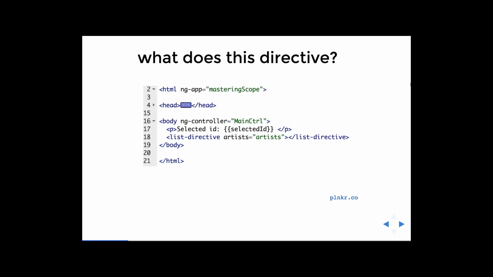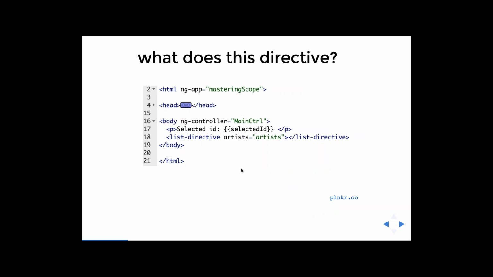So I want to first start with an exercise. I want you to think about this directive. We're not going to talk, because this is a webinar, but I want you to think about what this directive does. This directive is in a controller.